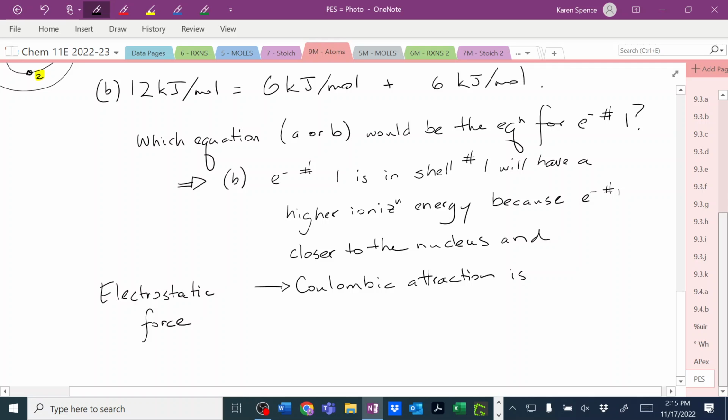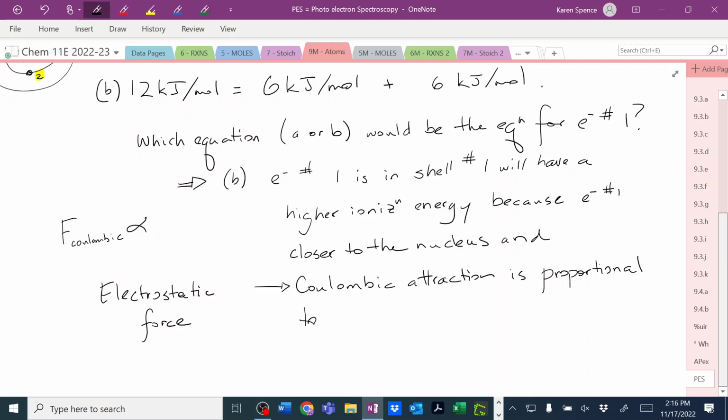Oh, proportional to, yes. Coulombic attraction is proportional to, actually it is, what word do I want to put in here?